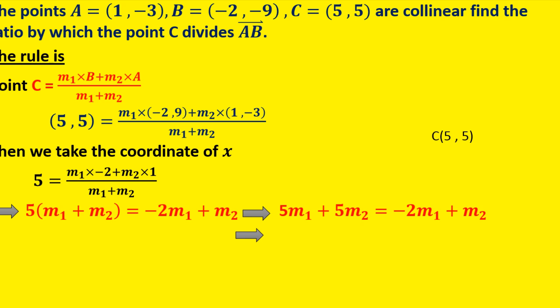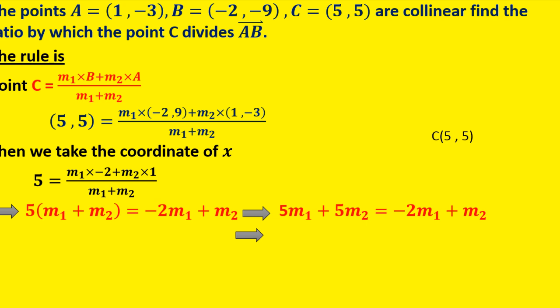Cross multiplication now. So we write 5 times m1 plus m2 equals negative 2 m1 plus m2. Distribute it: 5 m1 plus 5 m2 equals negative 2 m1 plus m2.